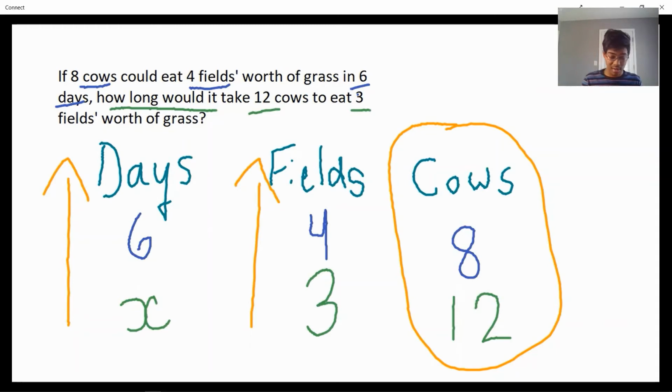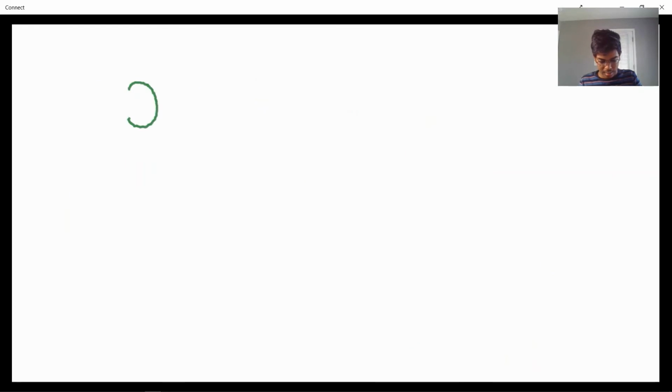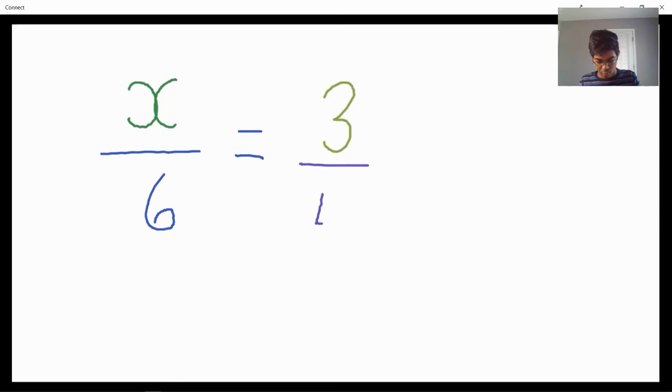So what we're going to do now is the interesting part, so you might want to pay attention. We're going to write a proportion like this: x over 6 is going to equal 3 over 4. Now you may ask why I wrote it in this particular manner.